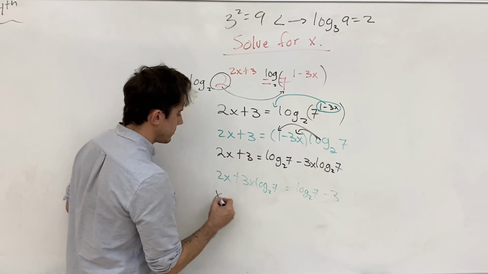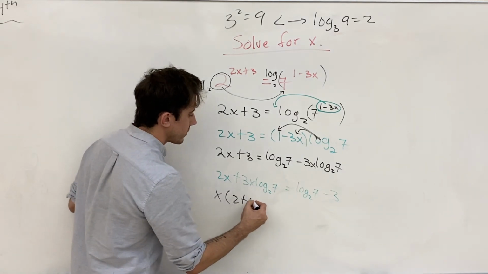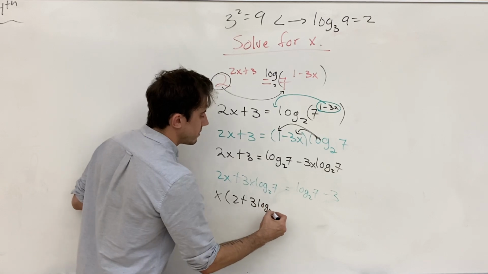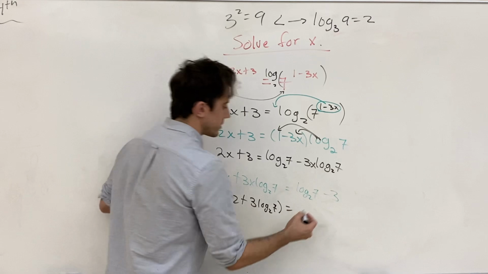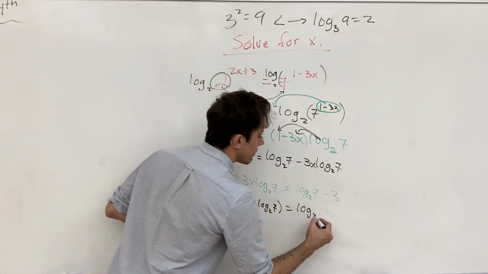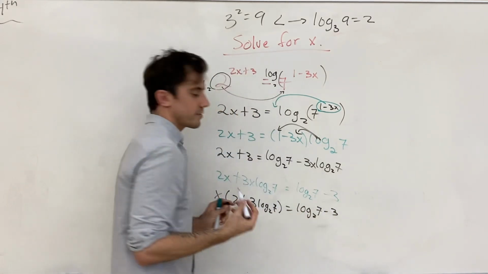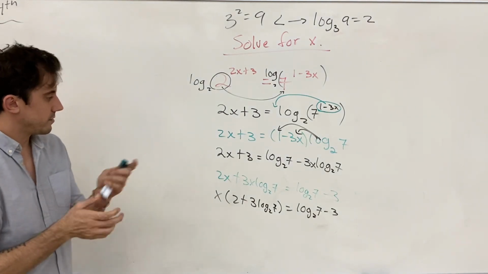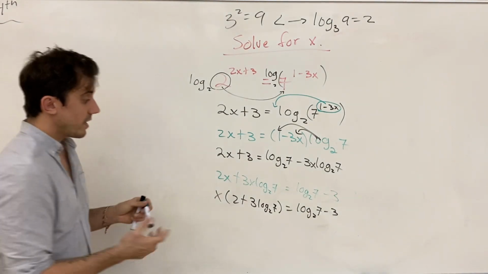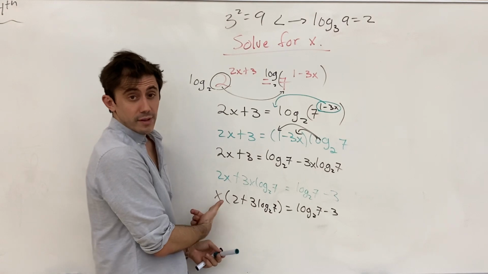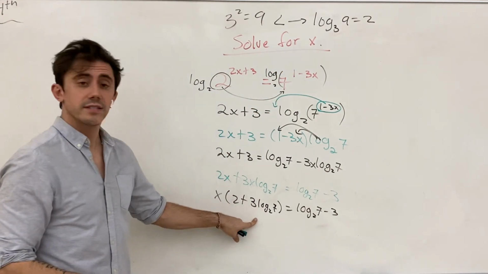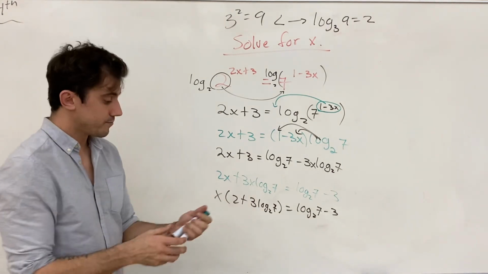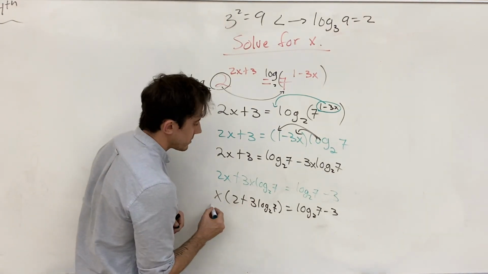And so we get x bracket 2 plus 3 times log base 2 of 7 being equal to that same right-hand side, log base 2 of 7 minus 3, nothing changed over on the right side. And finally, we want to isolate our variable x because we're solving for x. All we have to do is divide both sides by this stuff inside of the bracket, and we're done.